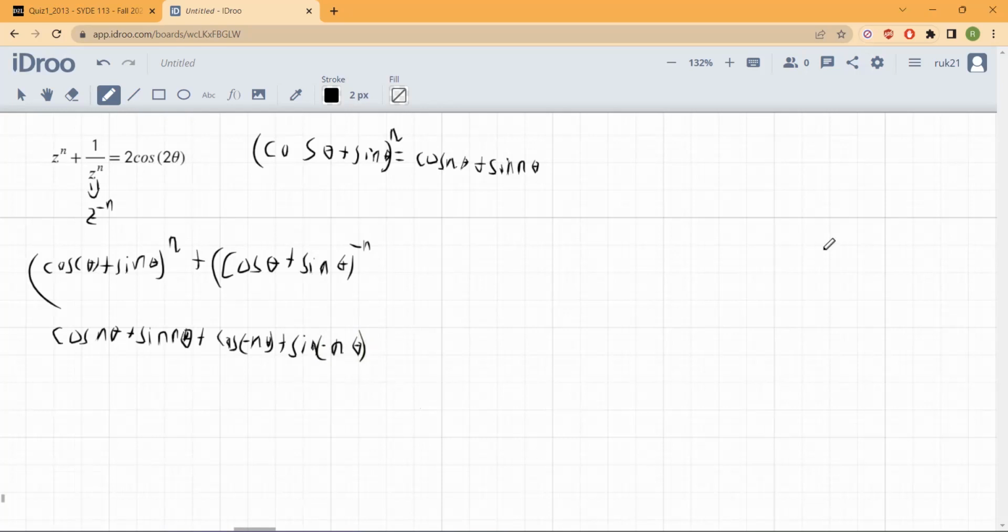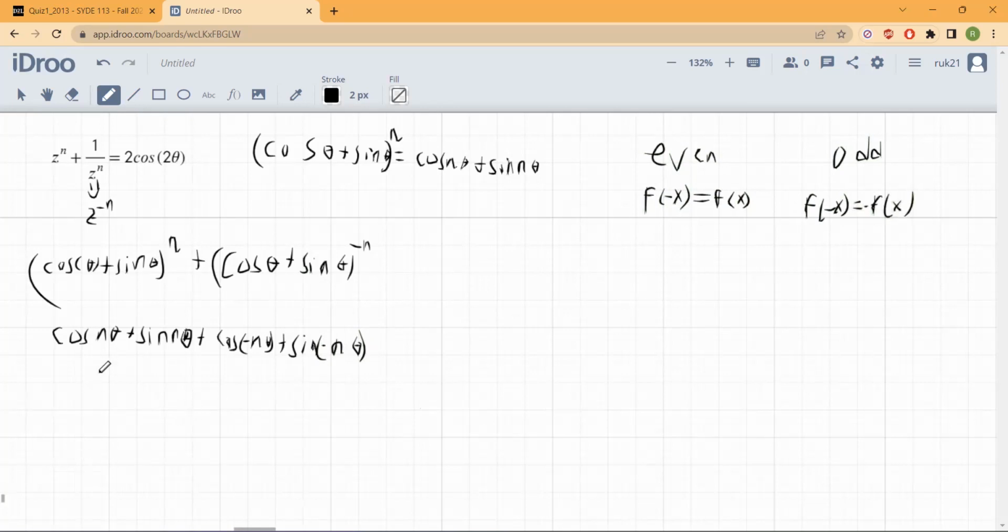The reason that helps you is because for even functions, f of negative x is equal to f of x. And sine is an odd function, and what that means is that f of negative x is equal to negative f of x.